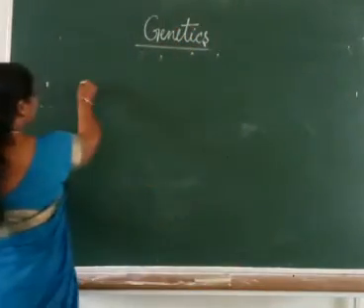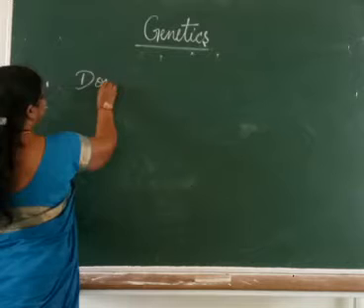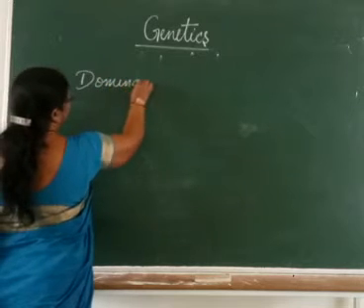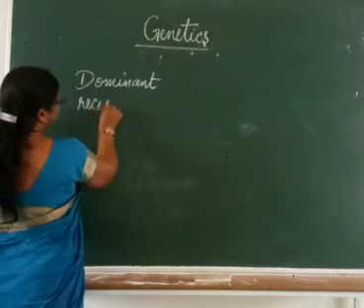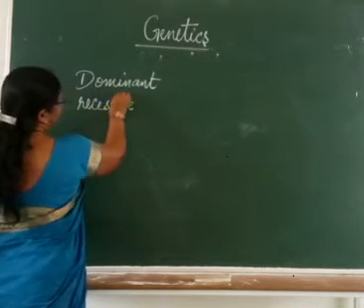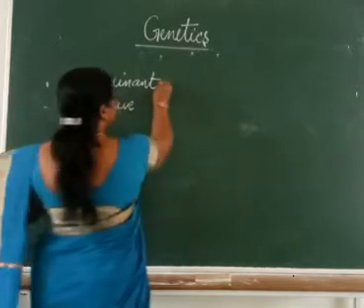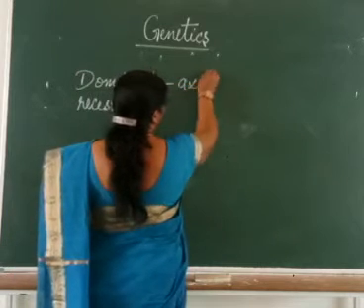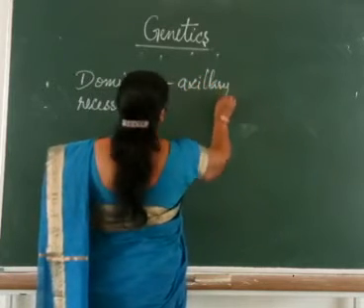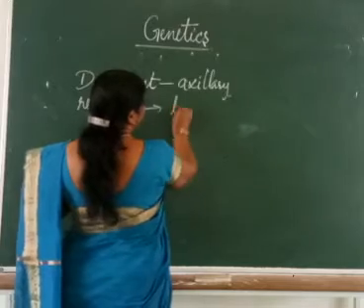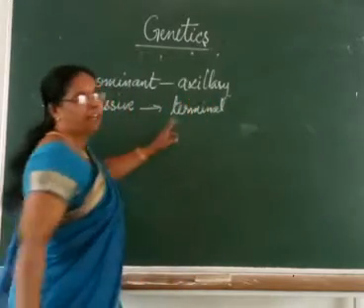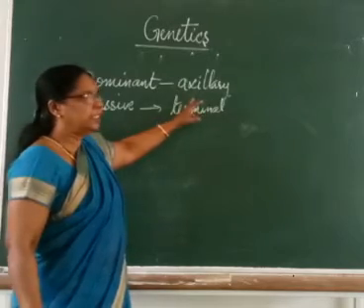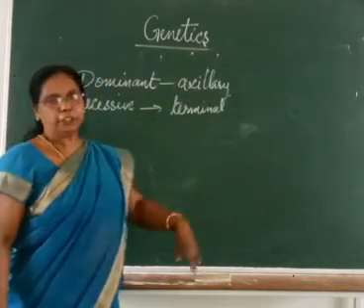Axillary flower is the dominant character, and terminal is recessive. So we are crossing these two plants.